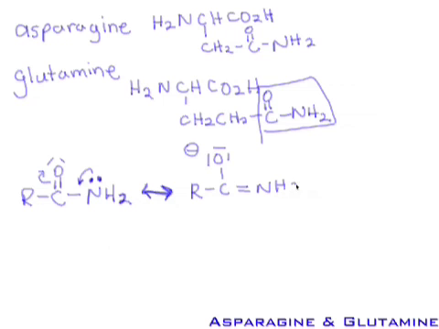Now, it may be a minor resonance contributor, but it still suggests that there is some partial double bond character between the carbon and nitrogen. Further, it suggests that this lone pair is partially tied up in a bond. Now, if the lone pair is partially tied up in a bond, it is less available for protonation. Resonance is making the lone pair not available. Okay, so this fragment is not basic.